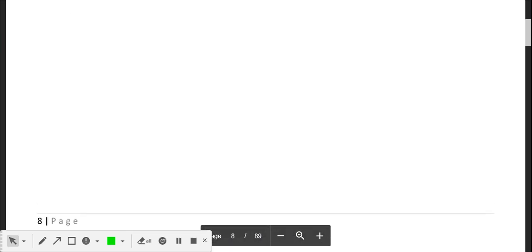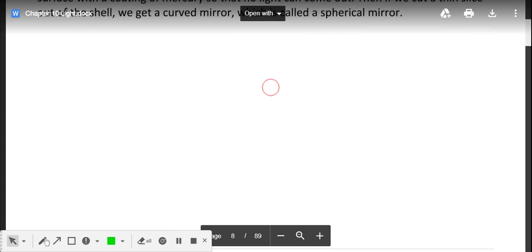What happens in this is, let's see, suppose this is a sphere, right? In this sphere, if we cut the sphere like this, what will happen? It is going to form two kinds of shapes.